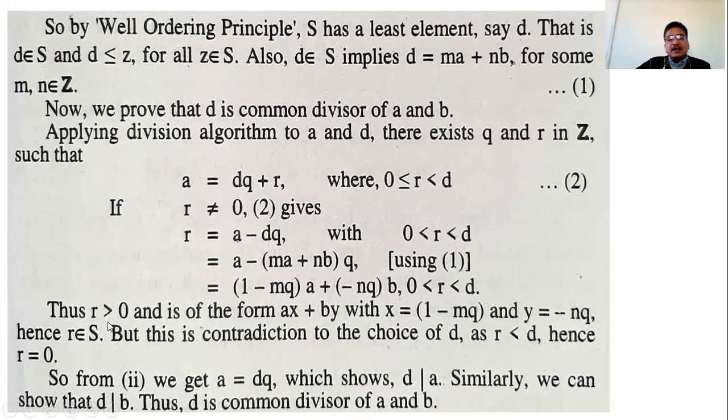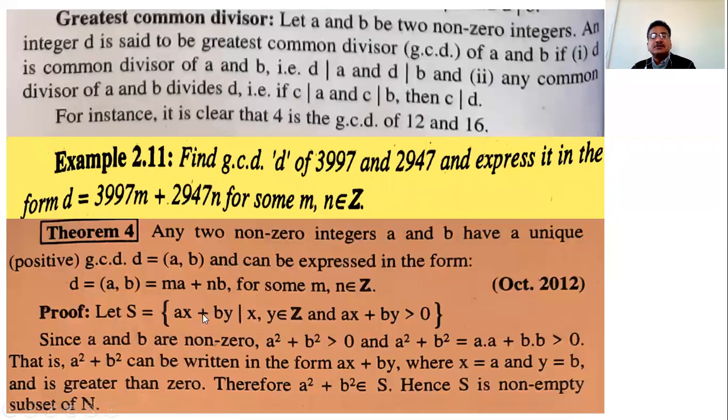Thus R is strictly greater than 0, and what is your observation here? Suppose this is x and this is y, that is, 1 minus mq is x and minus nq is y, and then we have R expressed in the form ax plus by. And R is greater than 0 here, and therefore R satisfies both properties: it is of the form ax plus by and it is greater than 0.